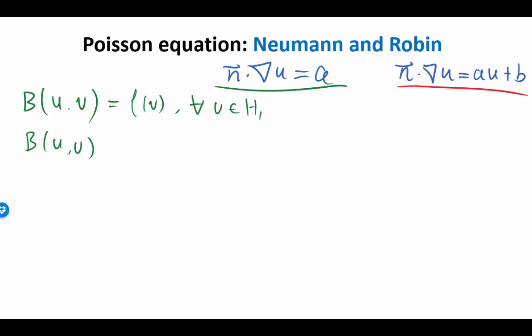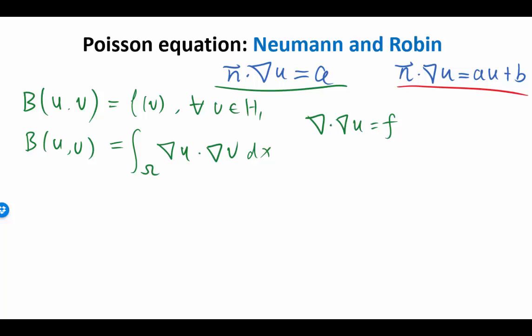My bilinear form of U and V is still equal to the integration over the domain of grad U dot grad V dx. But let's see how we can construct the linear form so that we still have the Poisson's equation. Let's write the divergence of the gradient of u equal to F, with this boundary condition.